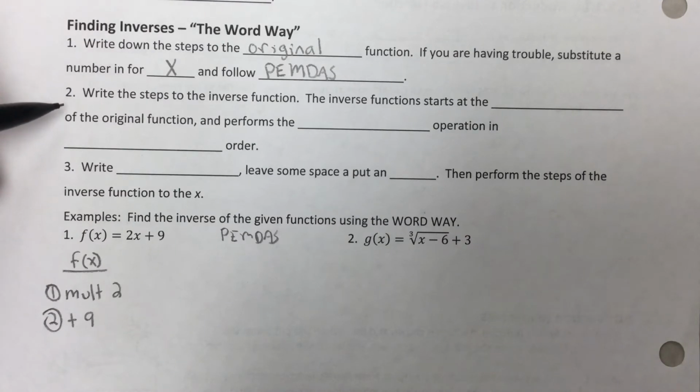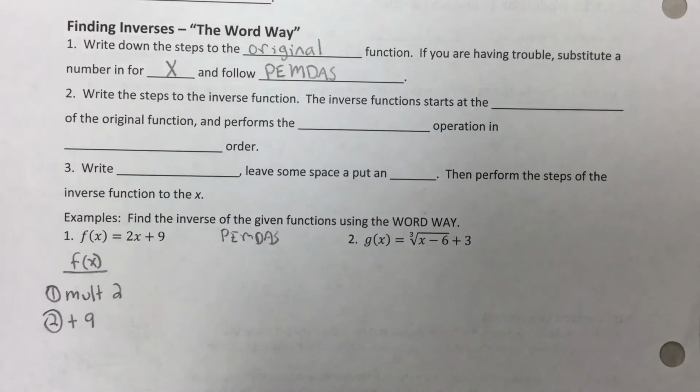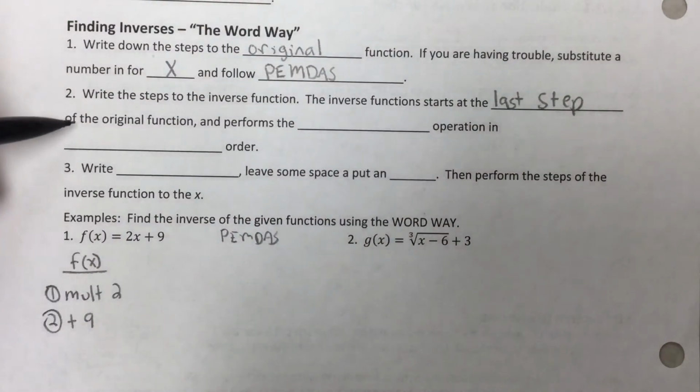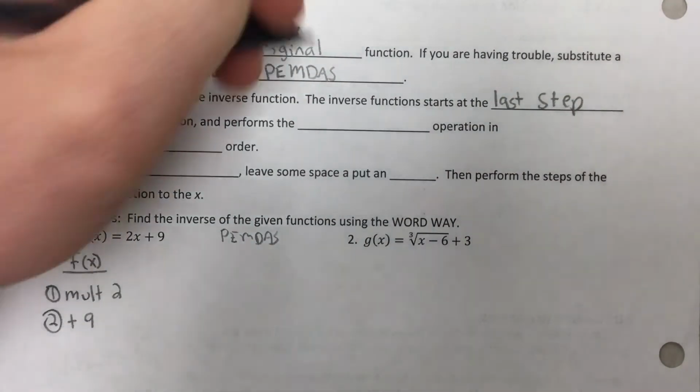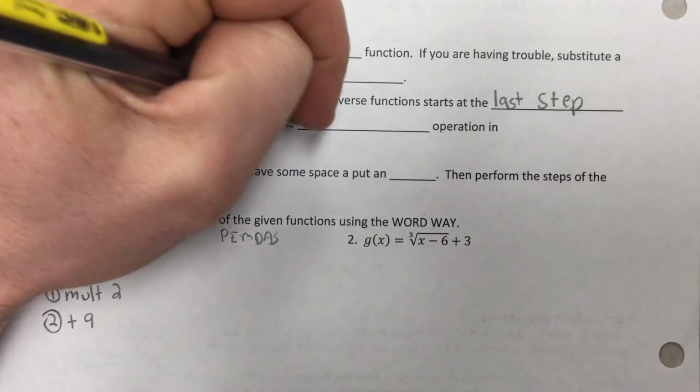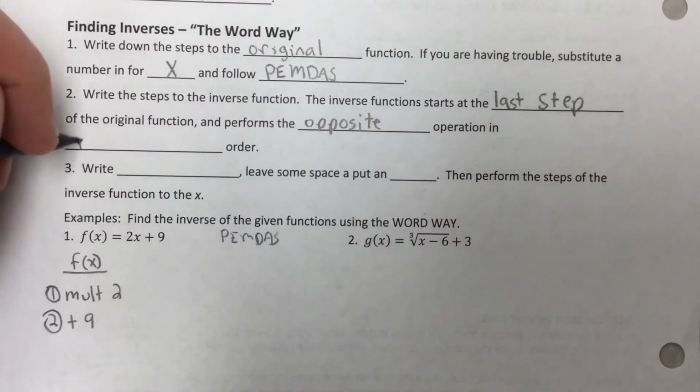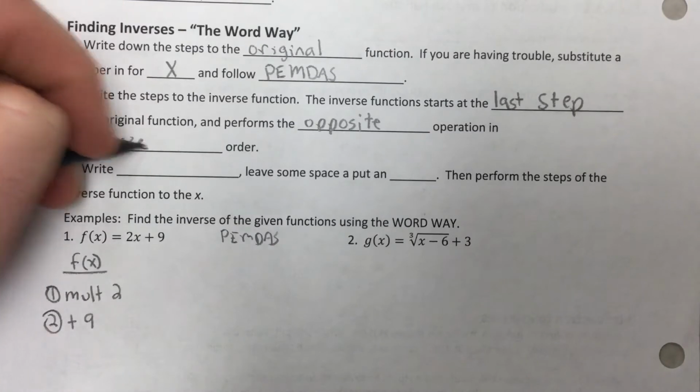Step 2, write the steps to the inverse. The inverse function starts at the last step of the original function and performs the opposite operation in reverse order.